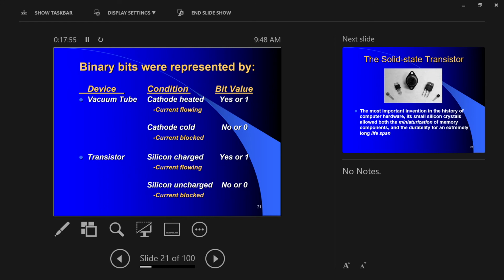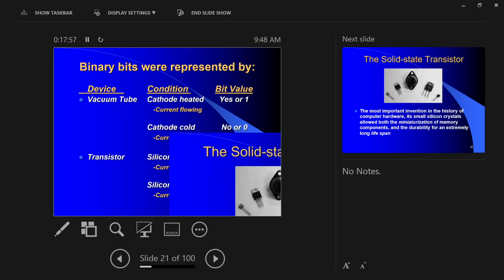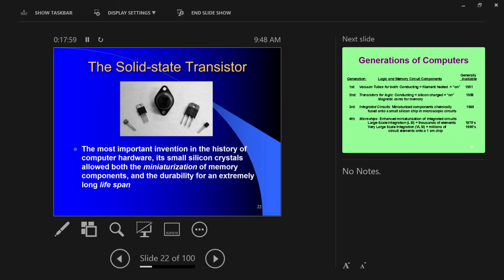And this is a significant improvement primarily because, two things. Size was a big problem, right? These solid-state transistors are able to be much smaller, so that's the size component. They were smaller because they didn't have a big piece of glass with a vacuum, and you didn't have to worry about maintaining the vacuum.